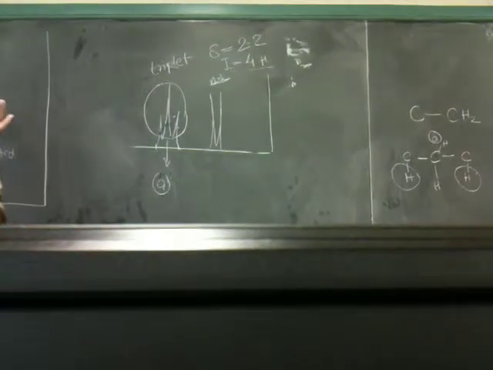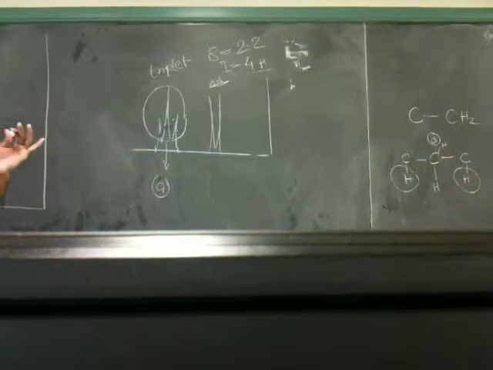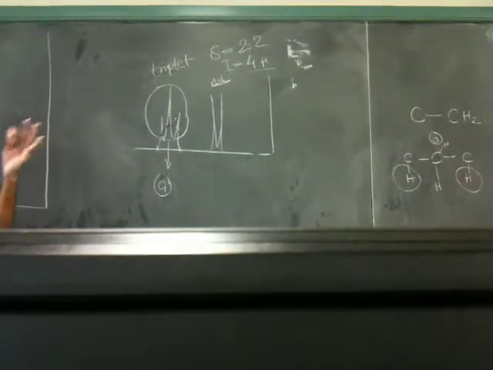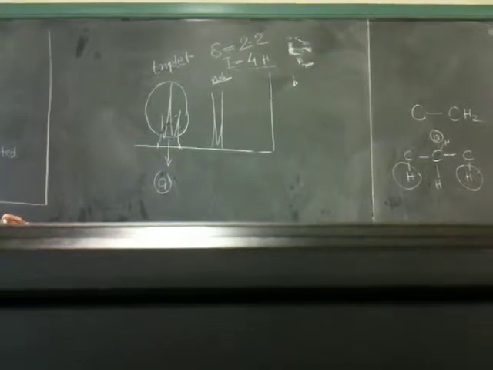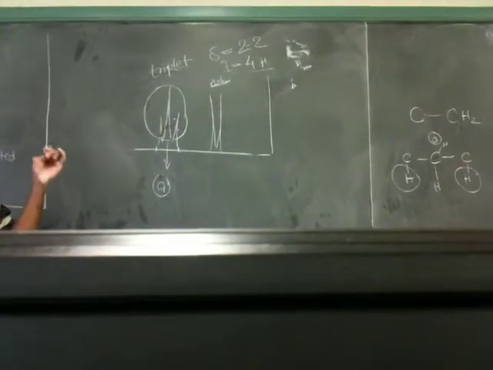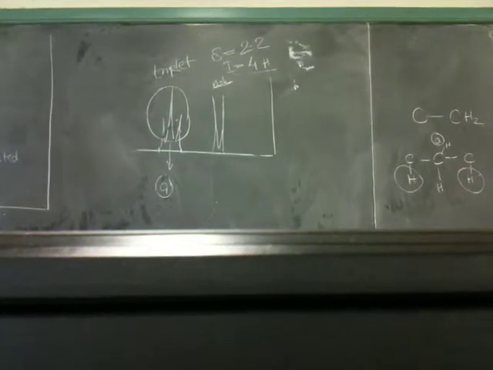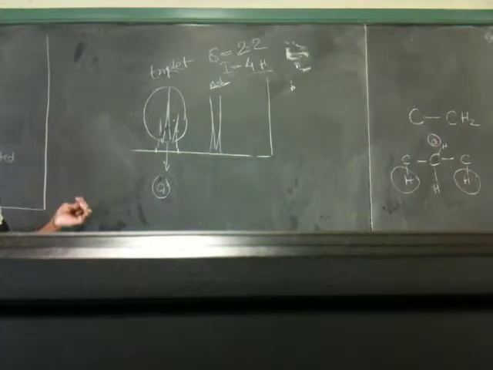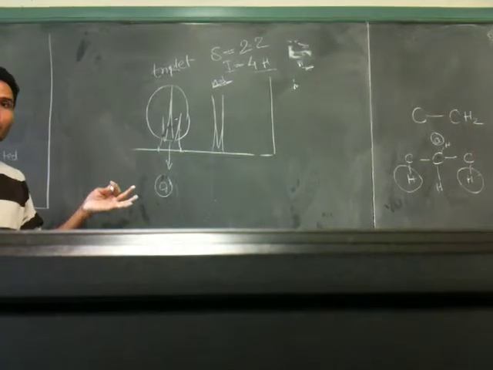So these are the bits and pieces of information you get, and now you have to put them together to pull out the information from the spectra and make a structure.